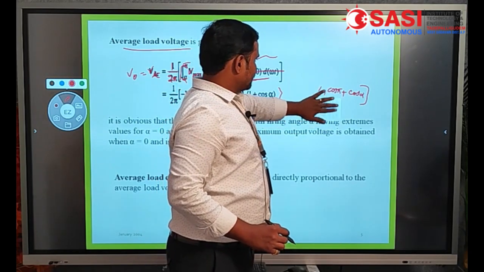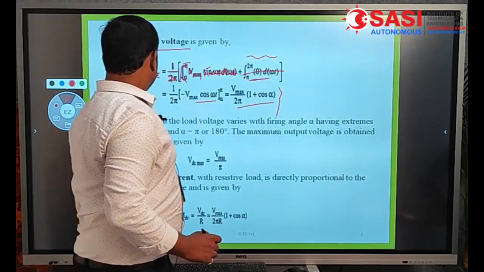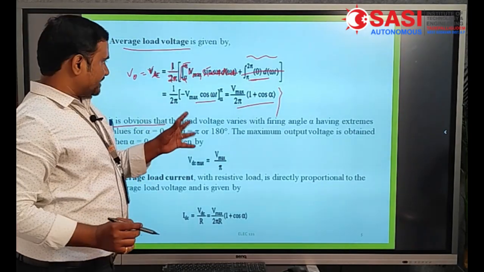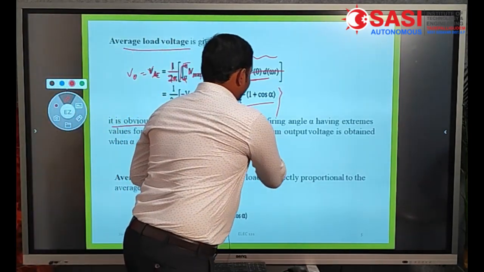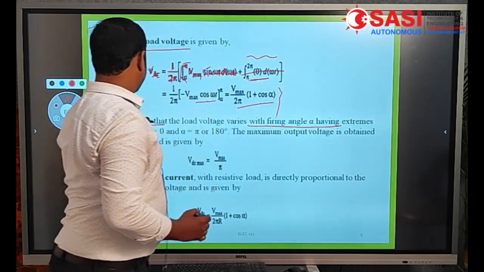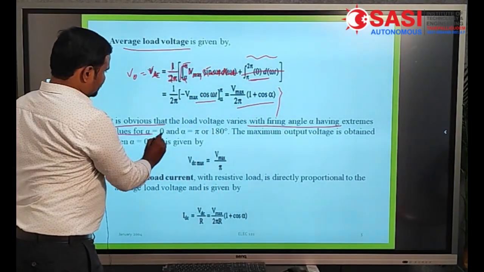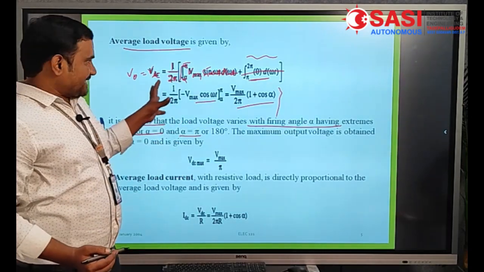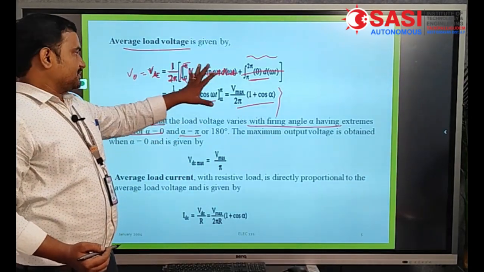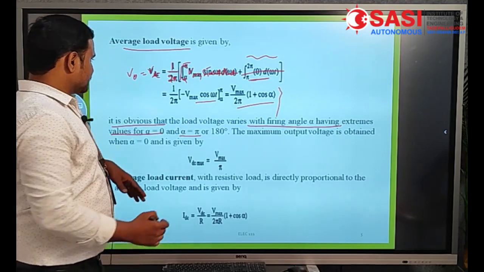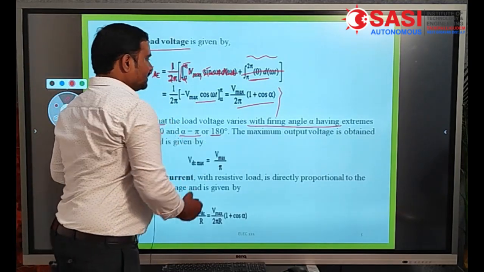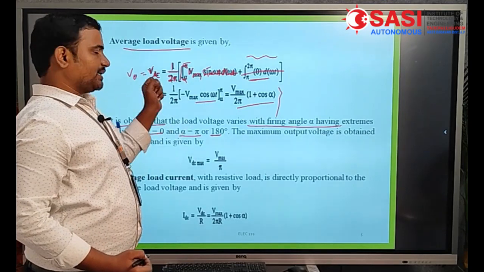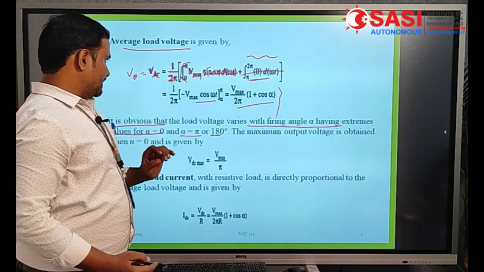This is the average output voltage. Again it is observed that the load voltage varies with the firing angle alpha, having the extreme values of alpha equal to 0 and alpha equal to pi. At alpha equal to 0, maximum voltage can be applied across the load, but at alpha equal to pi you will get the 0 value, because the voltage is controlled at 180 degrees.